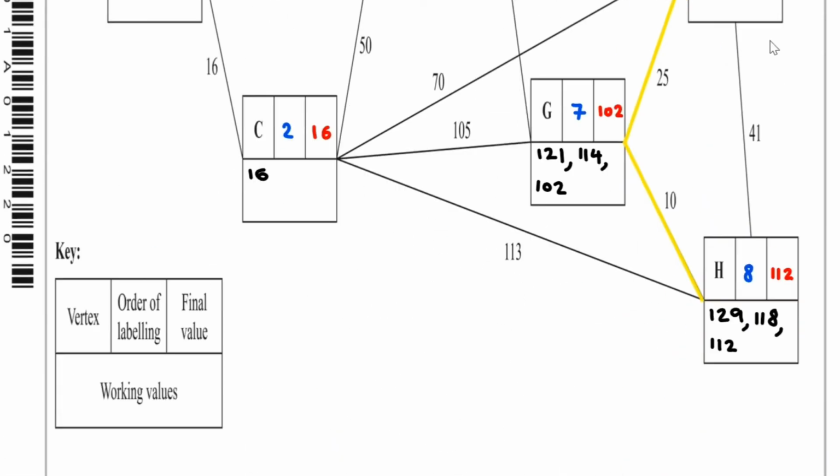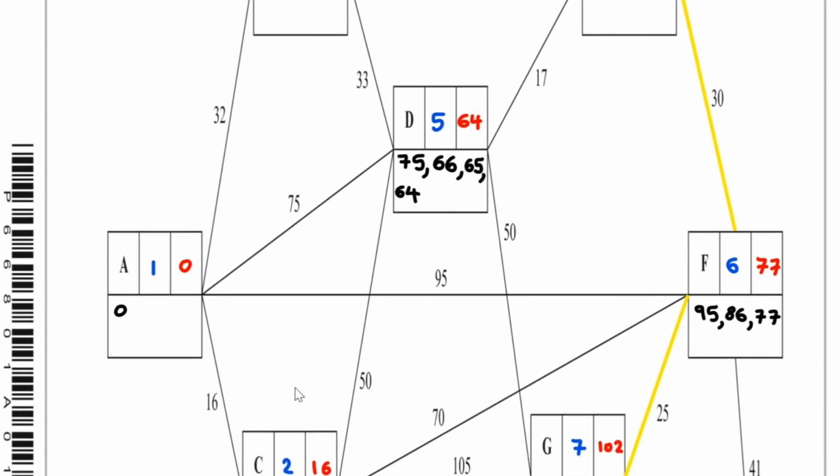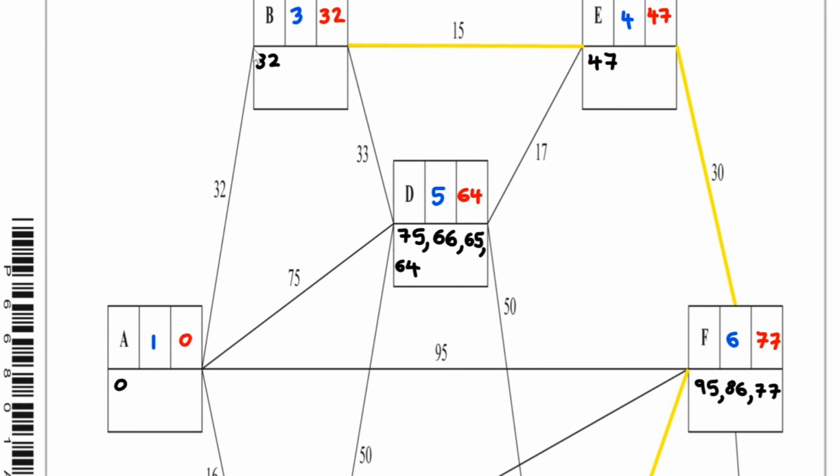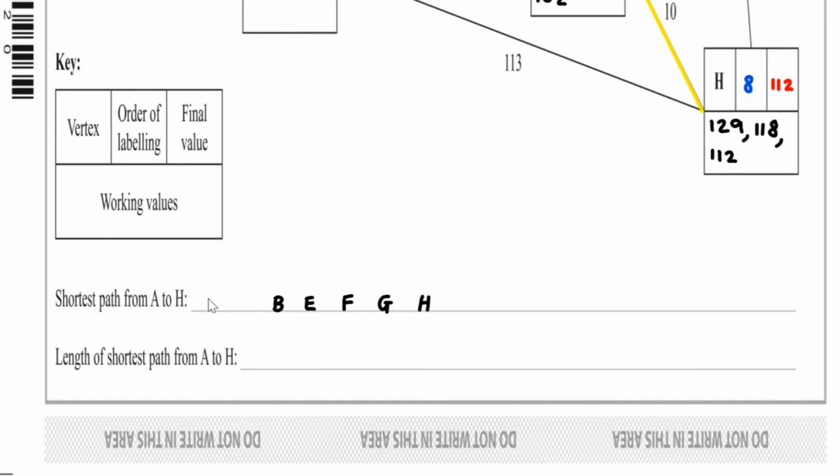So that means before E I must have been at B, and 32 take away 32 is 0, which means before B I was at A. So we started here at A.